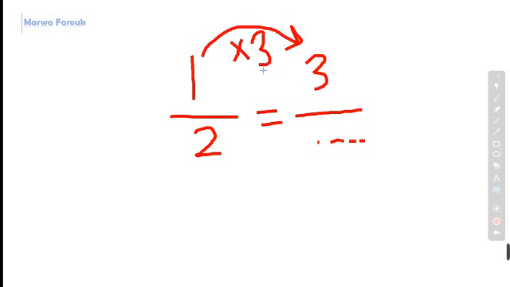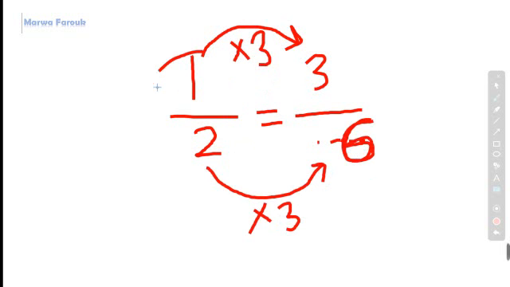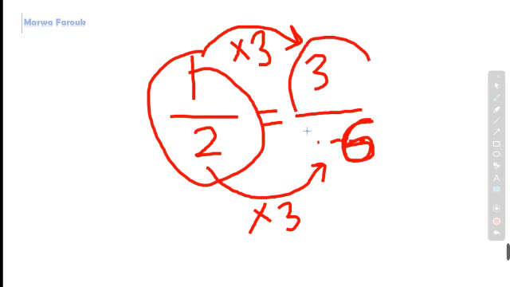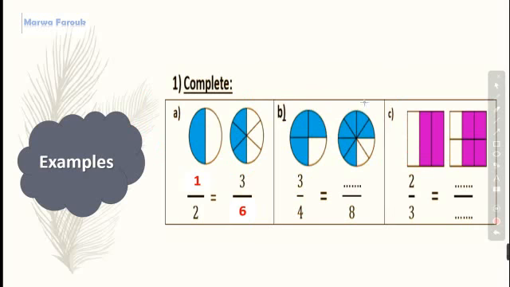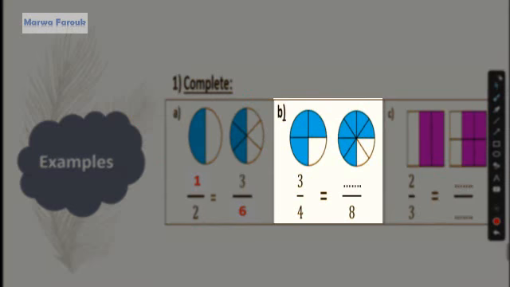And as we said before, whatever I do to the top, I have to do with the bottom. So I will multiply also the bottom by 3. 2 times 3 equals 6. So we got the same answer: 1 over 2 equals 3 over 6. Excellent. Okay, let's see the next example.